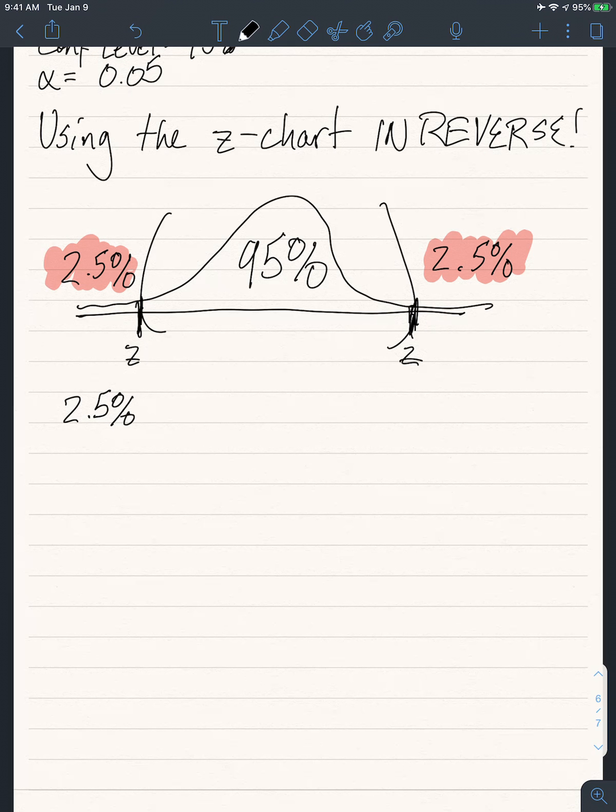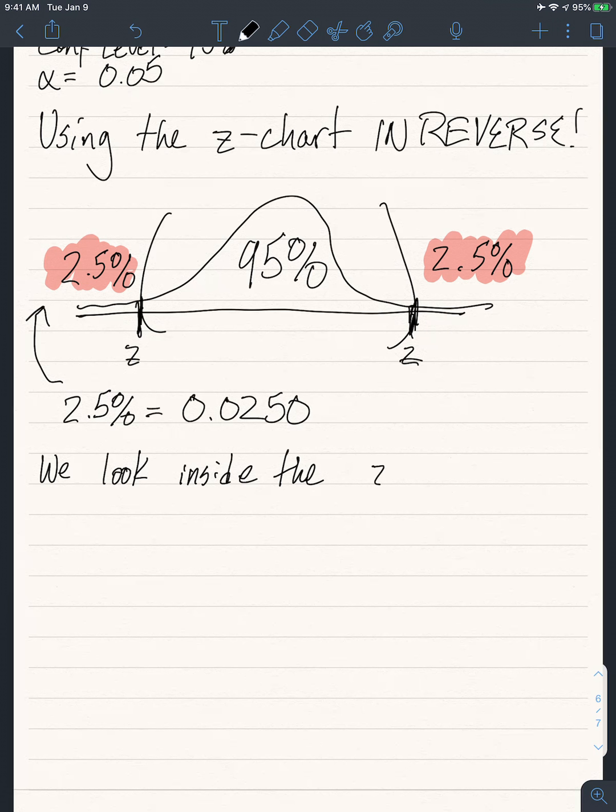And this is a math class, so we don't deal with percentages, right? 2.5% is 0.0250. I'm just converting this percentage right here into a decimal. So we look inside the z-chart for as close to 0.0250 as we can get.